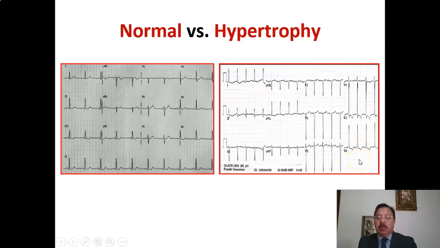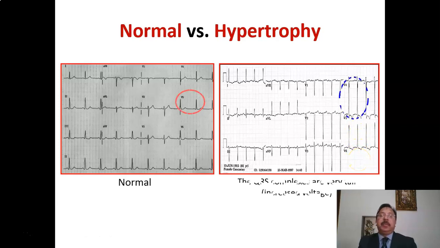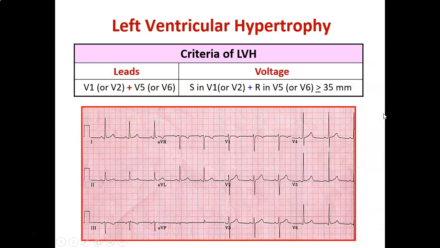So definitely some hypertrophy is there, because tall QRS complexes mean hypertrophy. And you know, the ECG is calibrated so that the QRS complexes don't cross more than 2 big boxes approximately. But here, if you see, the QRS complexes have crossed so many big boxes, so there is hypertrophy.